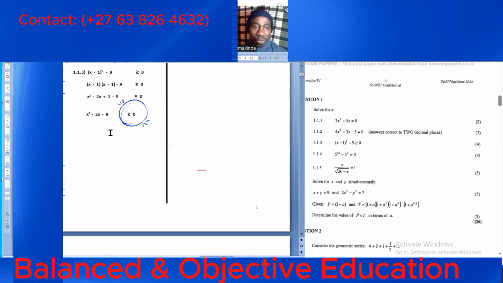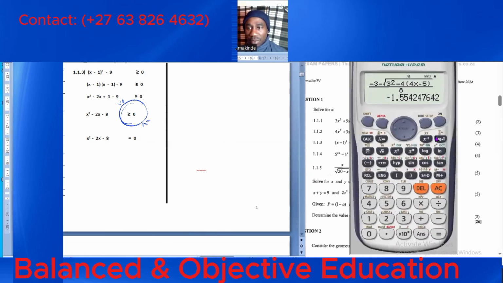Set this equal to 0 and solve the equation quadratically. So that is what we did here. So we just set it to 0. So here you can factorize this, or you can solve using the quadratic formula.